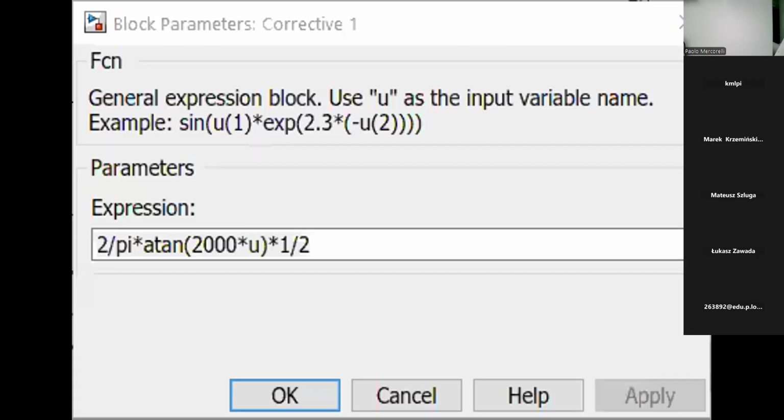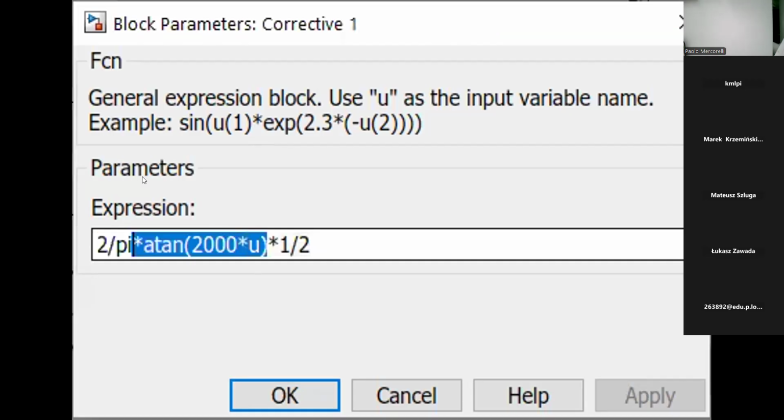Look here. Here we have the approximation of the SGN. Do you remember last time I told you? Using this case, 2 divided by arctangent, which is a sigmoid function.